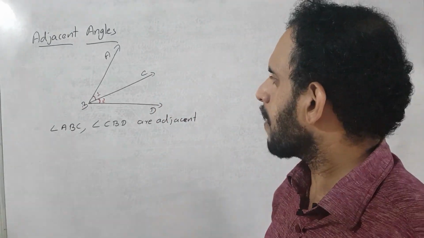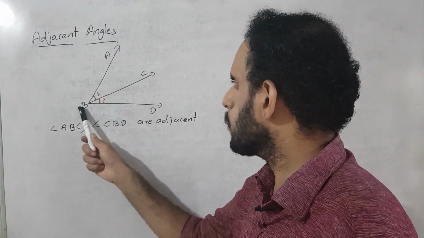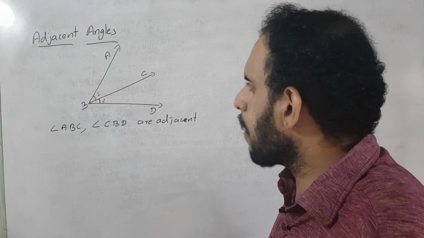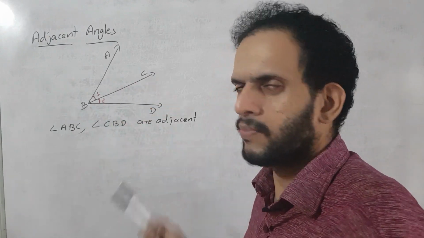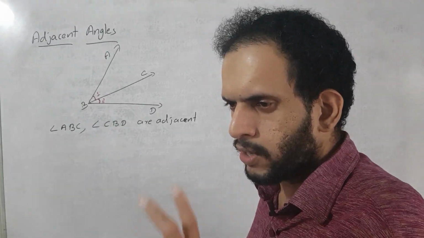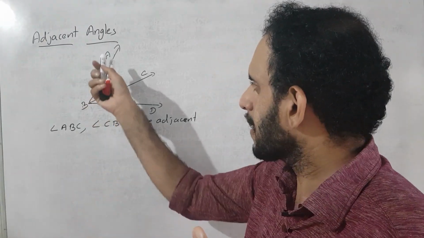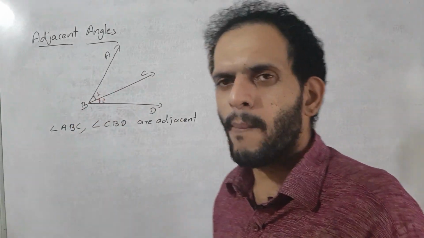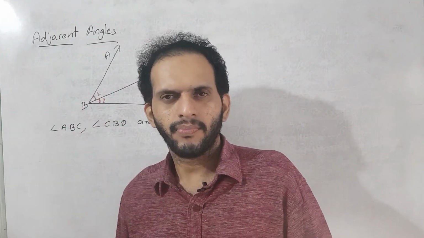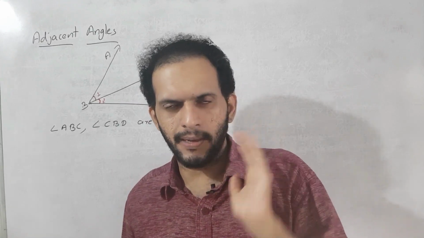What are the arms of angle 2, that means angle CBD? The arms of angle 2 are BC and BD. So, going to the first idea, angle ABC and angle CBD have a common vertex. What is the common vertex? The common vertex is B.